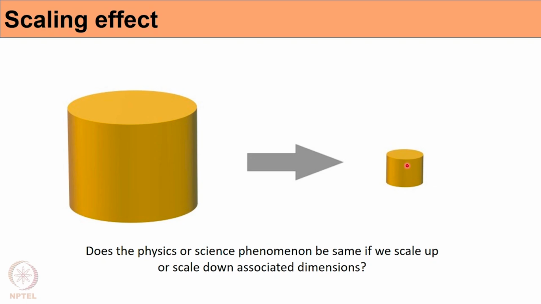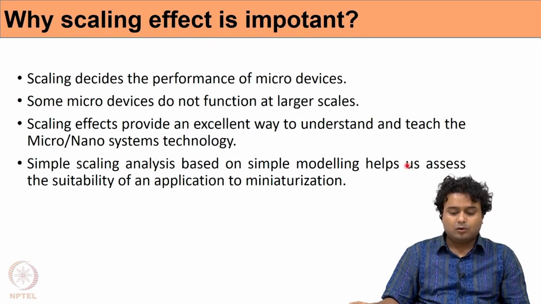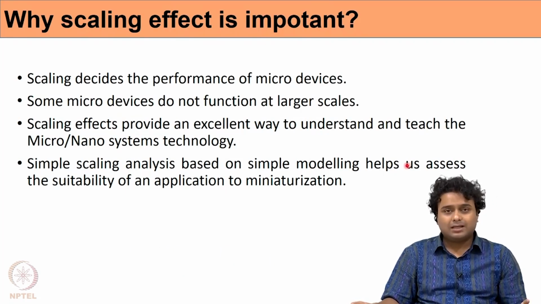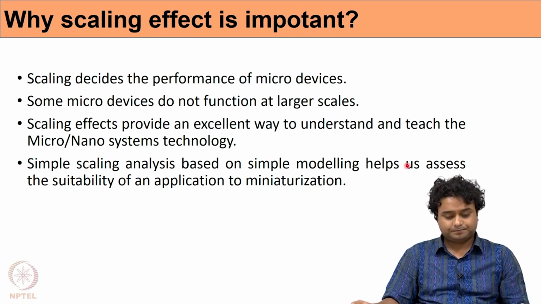Now because of this scaling down, what does it change? Does the physics or science change, or the phenomena change, or what exactly are the things which change because of this scaling up or scaling down? Before we go into that, the first thing is why we should study scaling and why it is important.